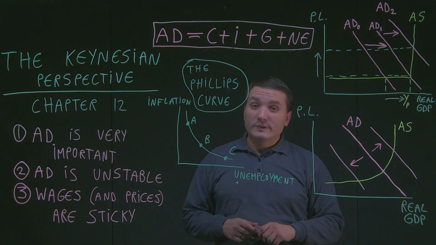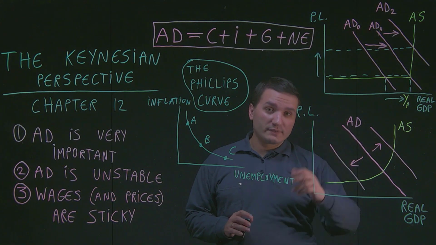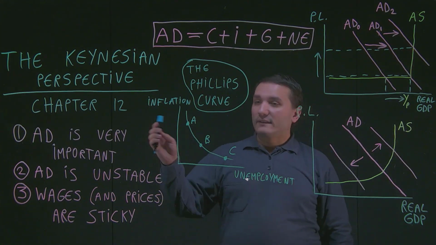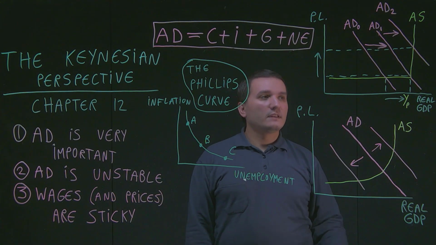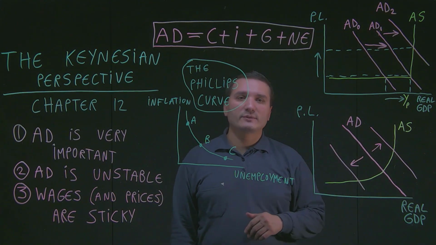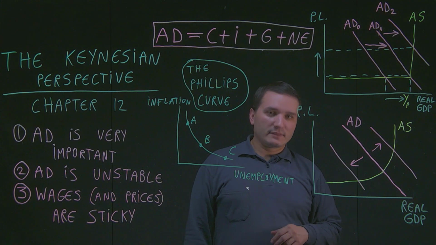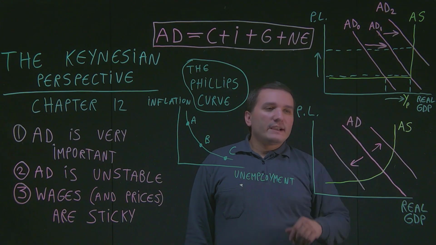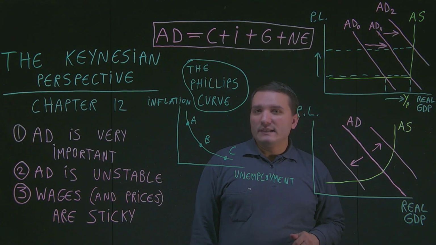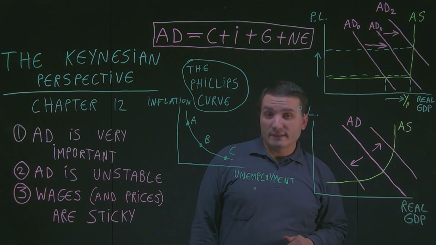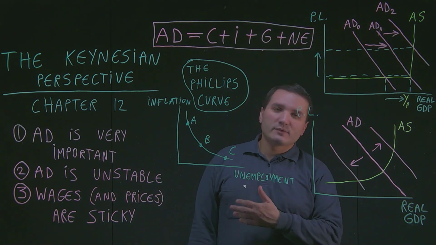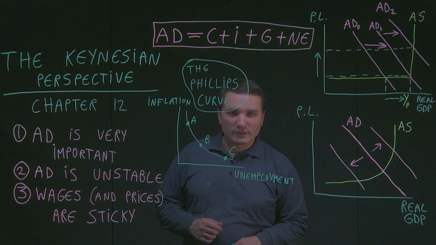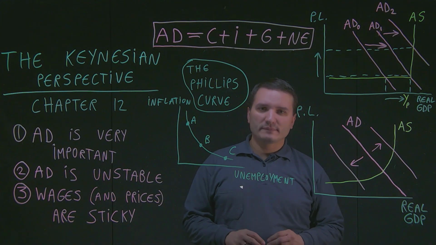The shape of the aggregate supply curve will determine how important the aggregate demand curve is. If it's angular, aggregate demand is very important. If it's not, then as we will see next week, aggregate demand may not be that important. So the shape of the aggregate supply curve is arguably the difference between Keynesian and neoclassical models. And from that, we derive the importance of shifting aggregate demand or not. But more on that next week.